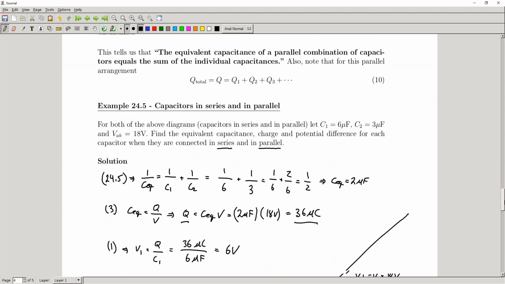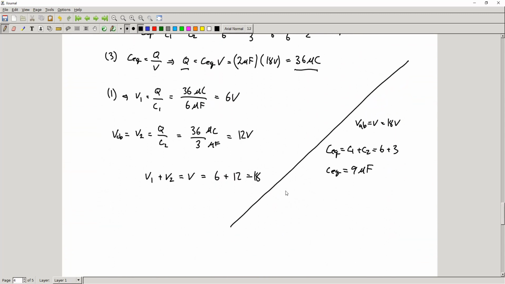Okay, and so given the values that we have here, from equation 6 we can see that Q1 equals C1V and Q2 equals C2V. And so very quickly we can just substitute in those values. C1 again is 6 microfarads, and we have an 18 volt potential difference here. And again, we're going to have the same 18 volts in the second case because we have the same potential difference across both of these capacitors.